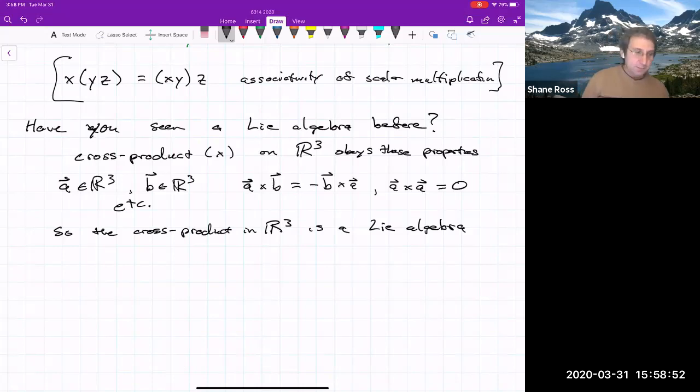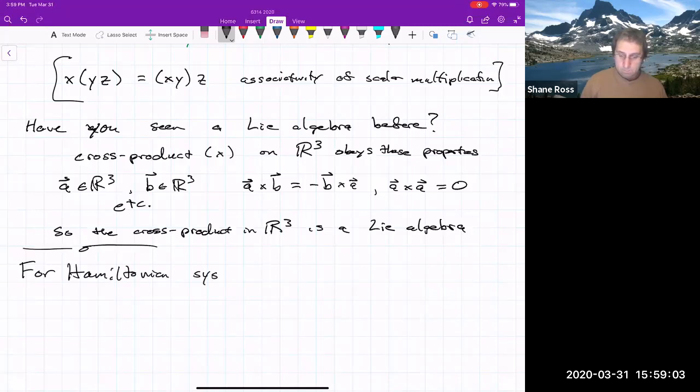All right. So for Hamiltonian systems, these properties are useful. How so?